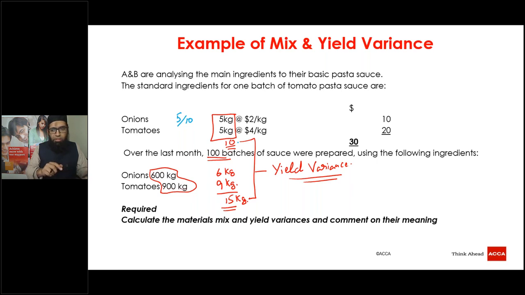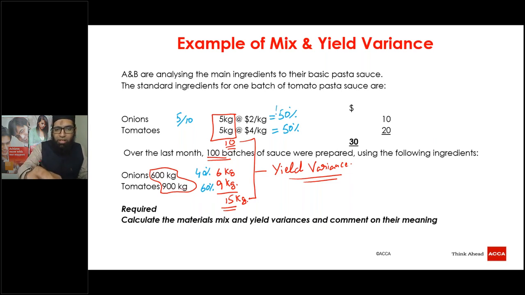It will be 0.5, that is 50%. That means in my standard proportion, we have used 50% onion and 50% tomatoes. In actual, we have used 6 kg of onion out of the total usage of 15 kg. That means we have used 40% onions and 60% tomatoes.